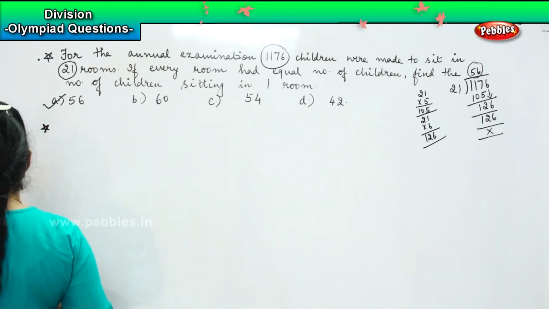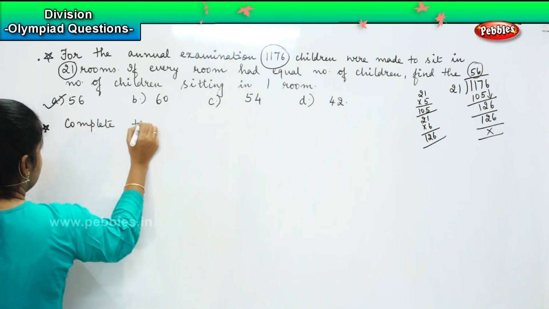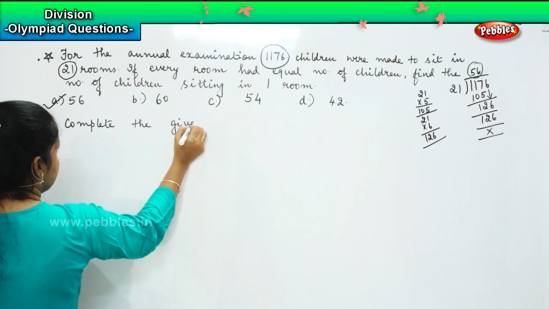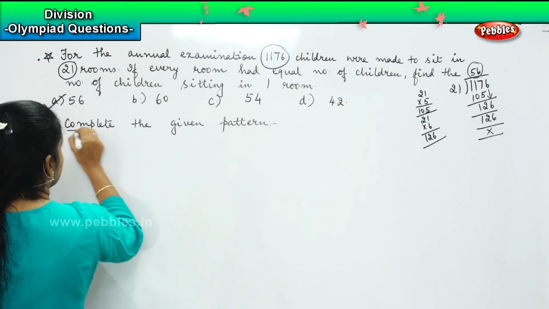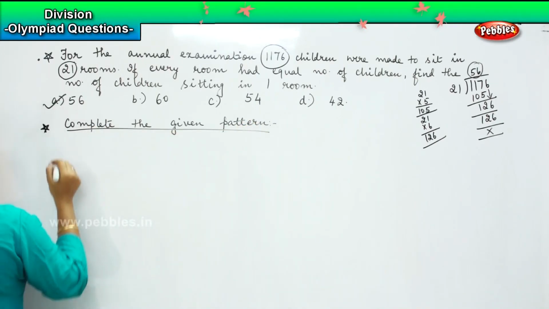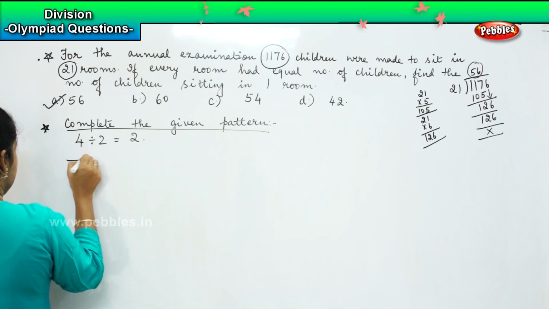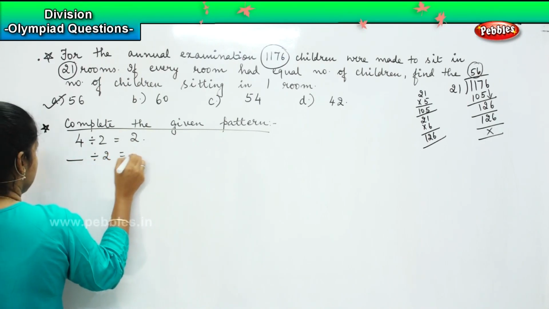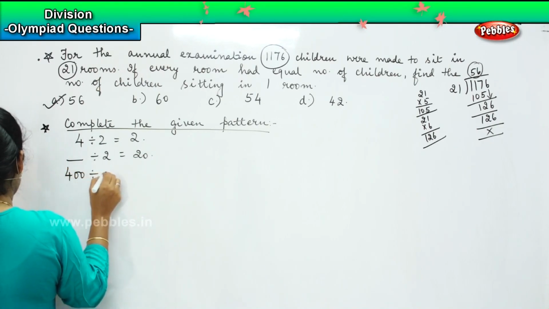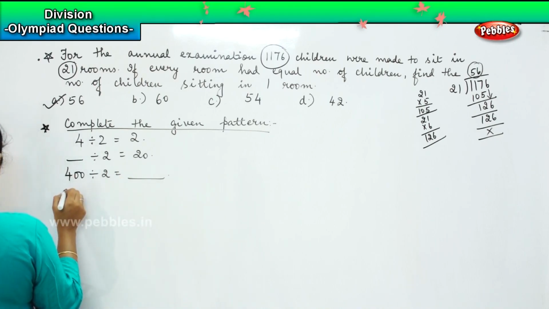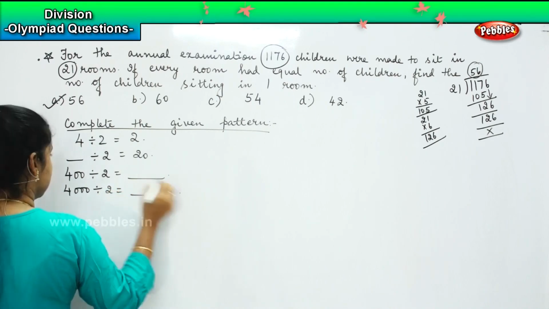This question says, complete the given pattern. Okay, 4 divided by 2 equals to 2, dash divided by 2 equals to 20, 400 divided by 2 equals to something, and 4000 divided by 2 is equals to something.